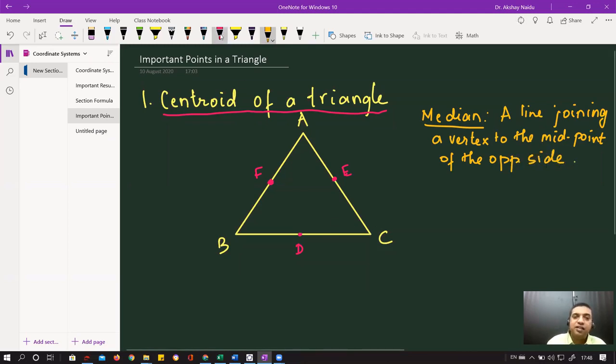And the centroid is the point of intersection of the medians.